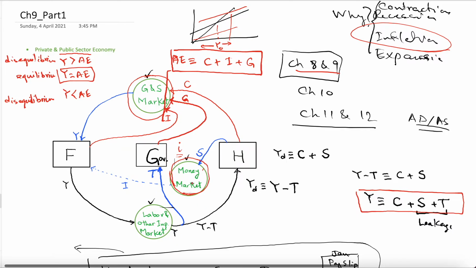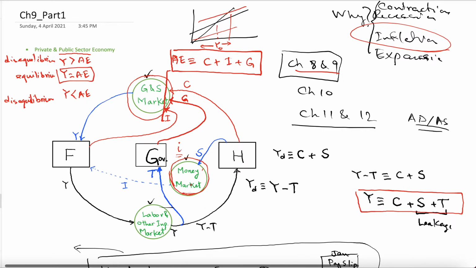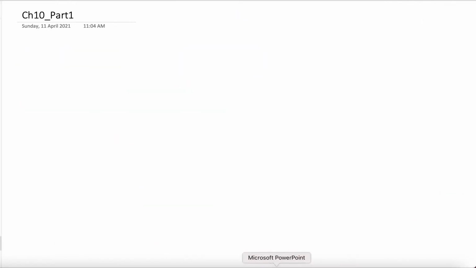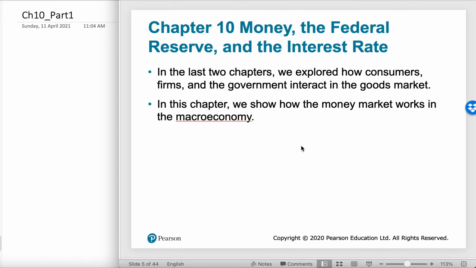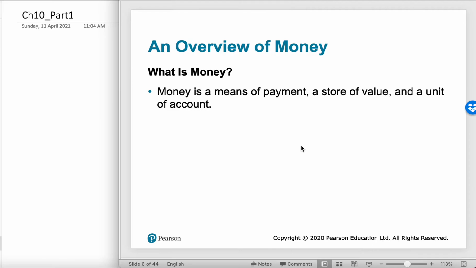So we will discuss this in this chapter. How the money market works in macroeconomics. This is the general perspective of this chapter.